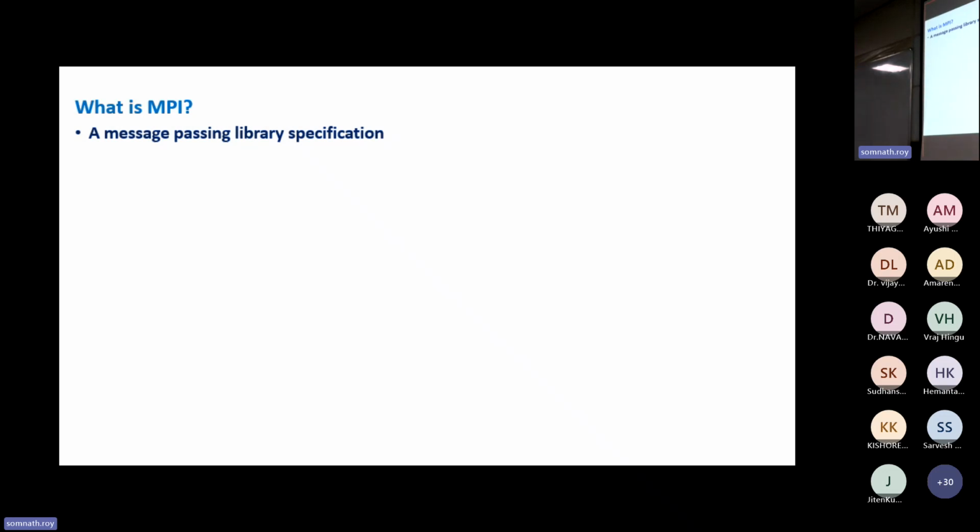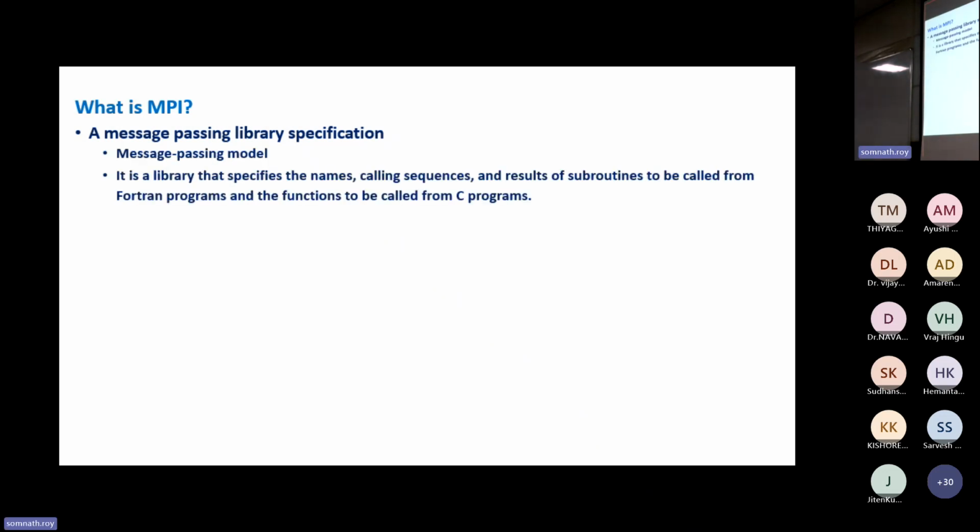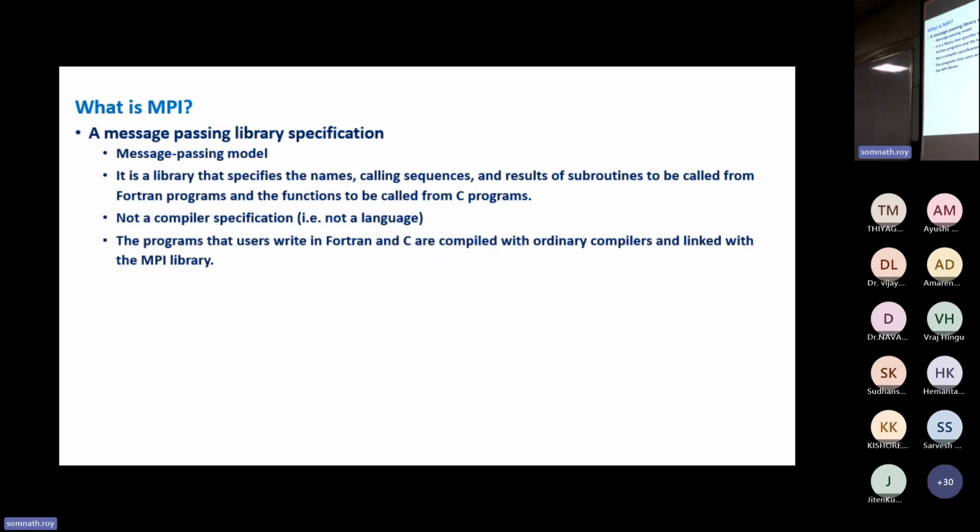As a message passing model, it is a library that specifies the names, calling sequence, and results of subroutines to be called from Fortran and functions to be called from C programs. What is the input, what is the output: in the input, I say what has to be done and which data has to be sent; in the output, I see the result of the data transfer. It's not a compiler specification or a language.